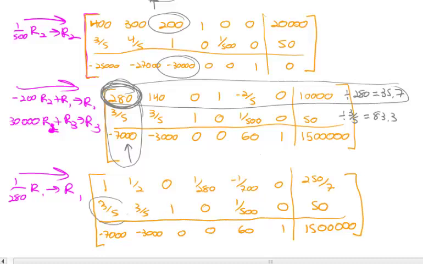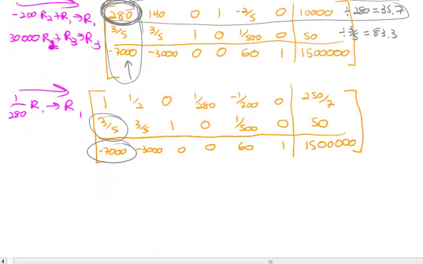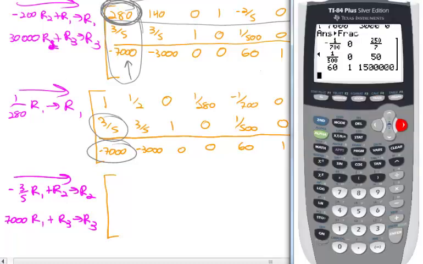We need to make the other entries into 1s as well. We do that by multiplying by opposites. So we've got negative 3/5 times row 1 plus row 2 will give us the new row 2. Positive 7,000 times row 1 plus row 3 will give us the new row 3. See if we have any negatives left in the bottom row after we do that.